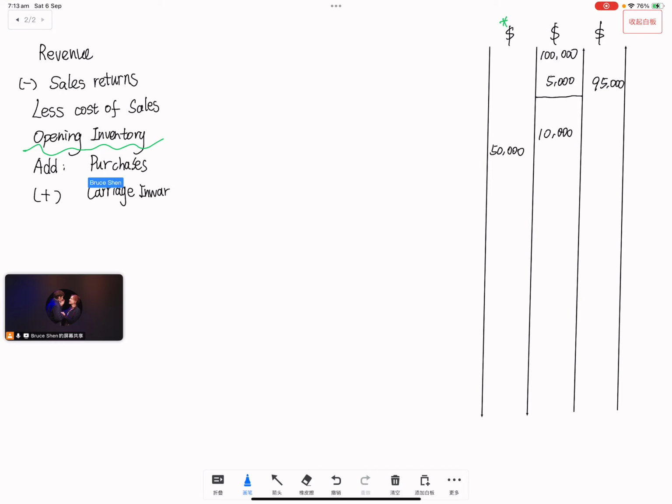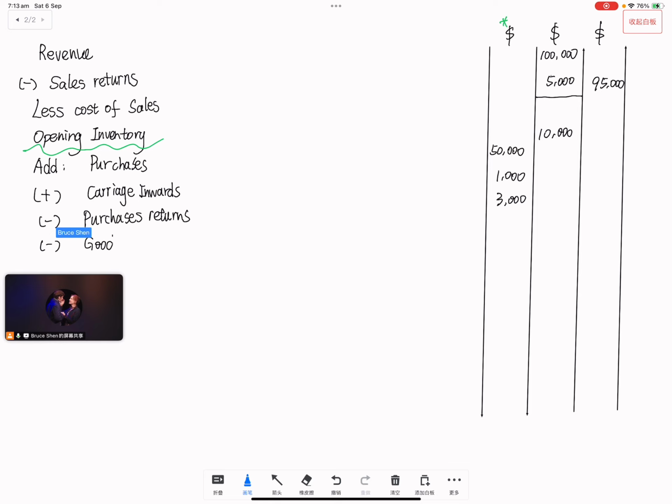And probably, yes. And also we have purchases returns, kind of like 3,000, of course. And goods for own use.